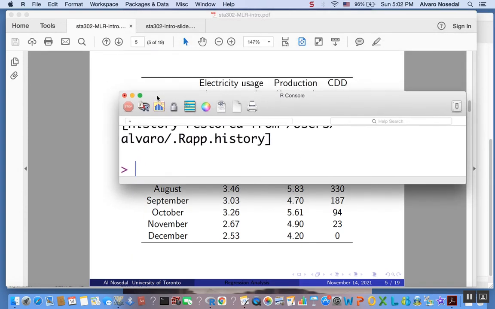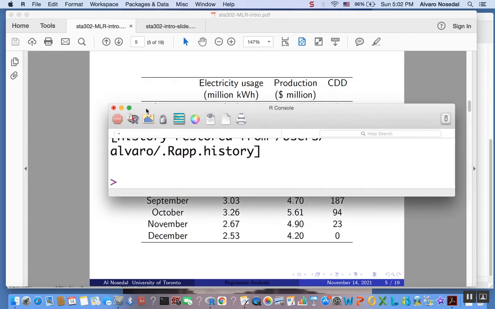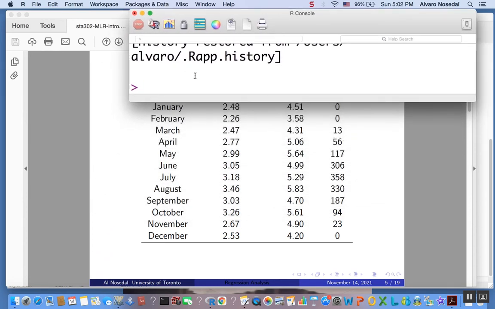So we know that the first column is our response variable, right? Electricity usage. It's the one that we want to predict. Here we go. Let me use Y for that.